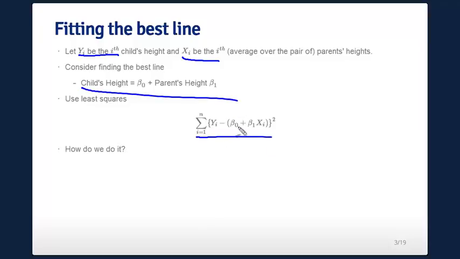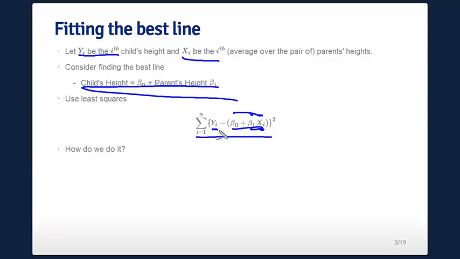If this was the regression line, remember that a line only takes two parameters to describe, a slope and an intercept. If we were to take a parent's height, xi, multiply it times the slope, beta 1, and add the intercept, beta naught, that would give us a predicted child's height based on the regression line.